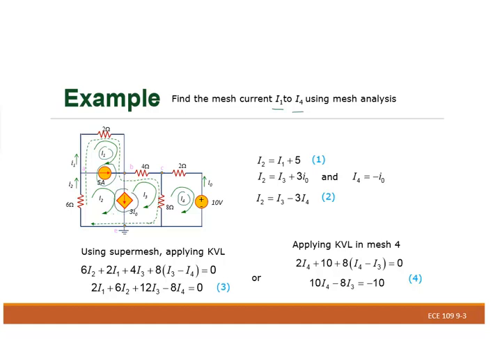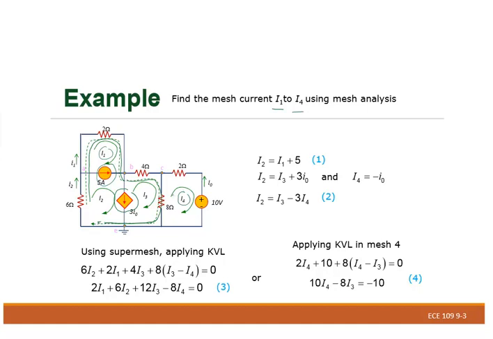When we select the shortest super mesh, it will go from here all the way up, coming here, and then go down here. This is shortest. If somebody wants to select the other way, that's fine too, but I don't want to select that way in this case. Okay, this is one super mesh.